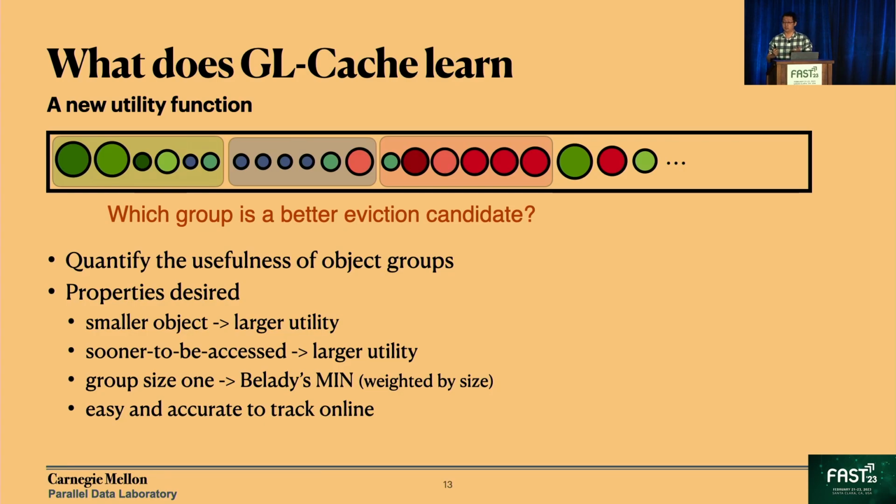Second, if the group contains objects that will be requested sooner, it should also have a larger utility. Third, when the group size is 1, group-level learning effectively becomes object-level learning, and Geocache should mimic the behavior of Belady's algorithm. And last, because the utility is calculated online for training, we want it to be easy and accurate to train online, so we shouldn't need to wait a long time to calculate an accurate utility.